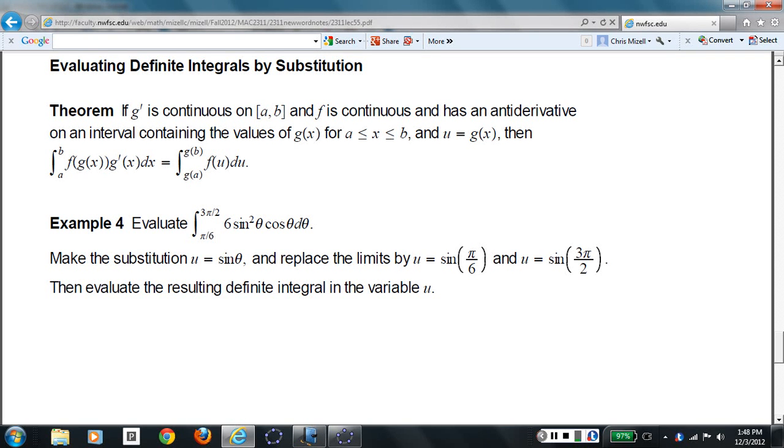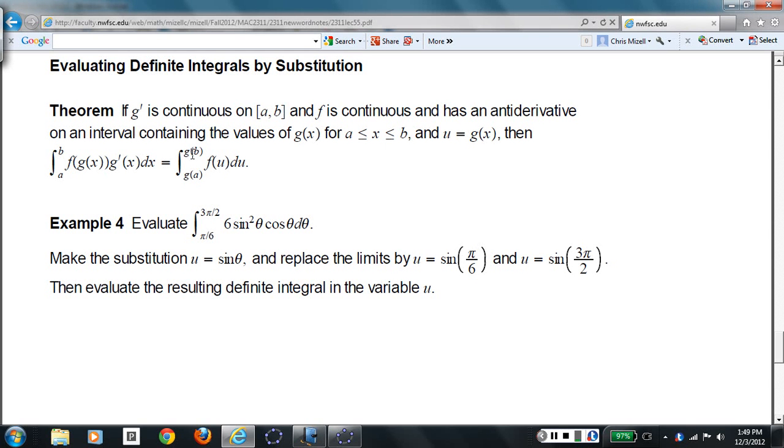We go from x values to theta values. So rather than integrating from a to b, we look at that expression we used for the substitution, and we integrate from g of a to g of b.